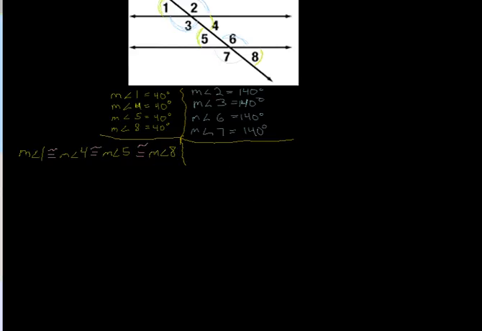So now let's say that these are the same by writing that they're congruent: the measure of angle 2 is congruent to the measure of angle 3, which is congruent to the measure of angle 6. And this is also congruent to the measure of angle 7, it looks like.